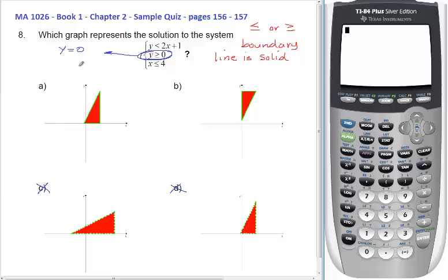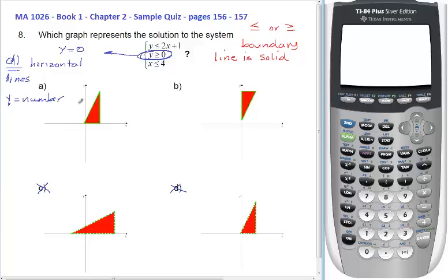Is that a horizontal or vertical line? Okay, y equals 0 is actually the equation of the x-axis. Remember, all horizontal lines have the equation y equals a number.